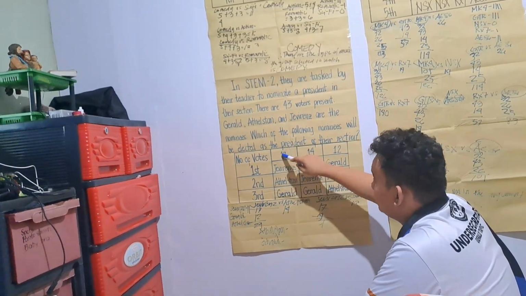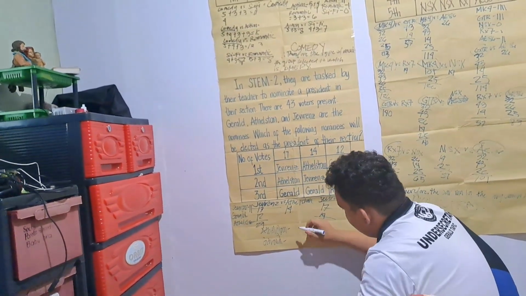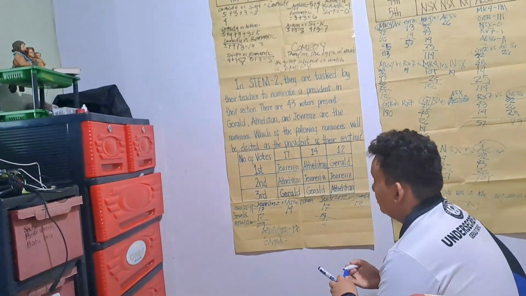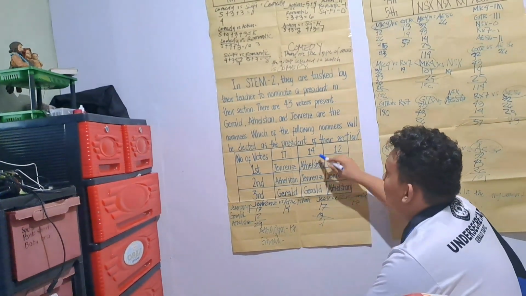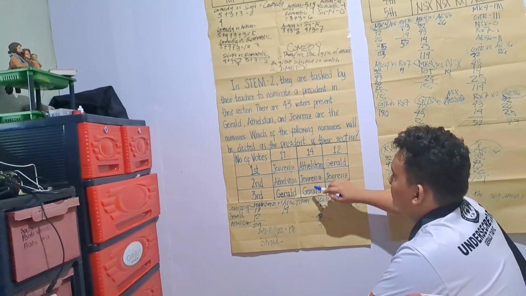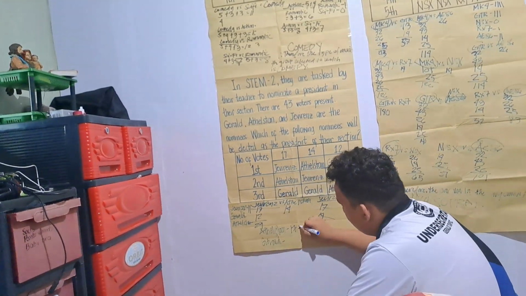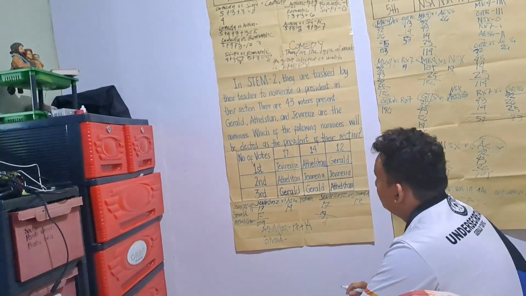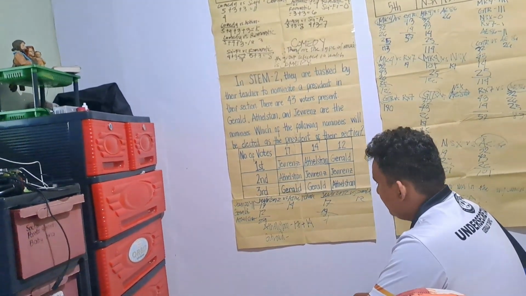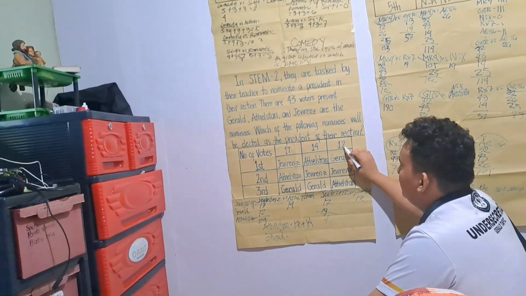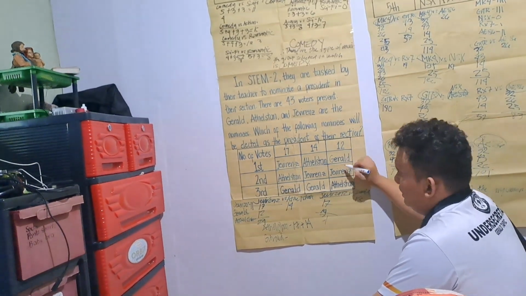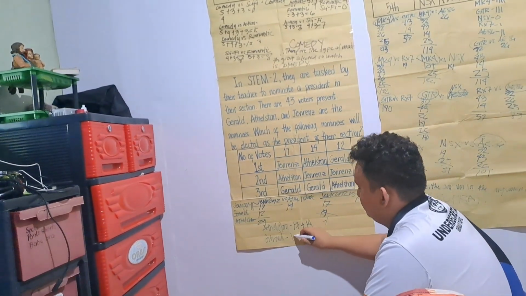So the 17 voters go to Athelstan. And in the second column, Athelstan is first, then Gerald. So 14 voters go to Athelstan. Then the last column, Gerald is first, then Athelstan. So the 12 voters go to Gerald.